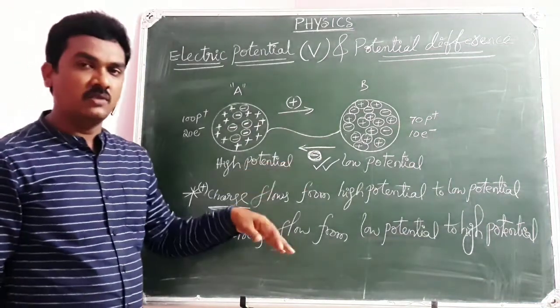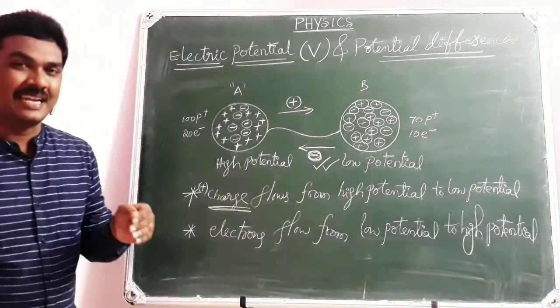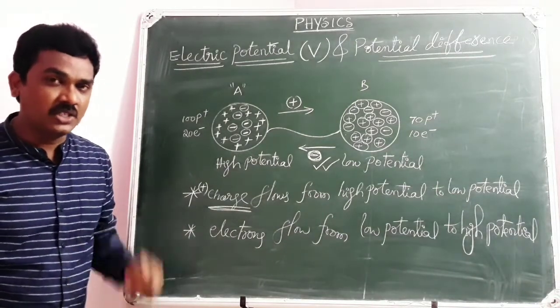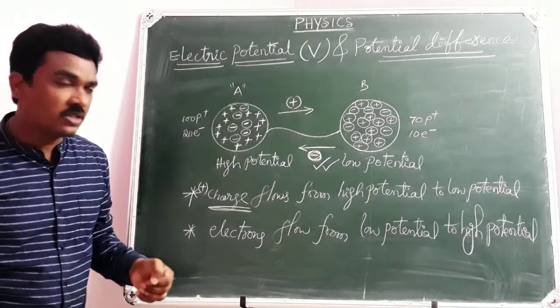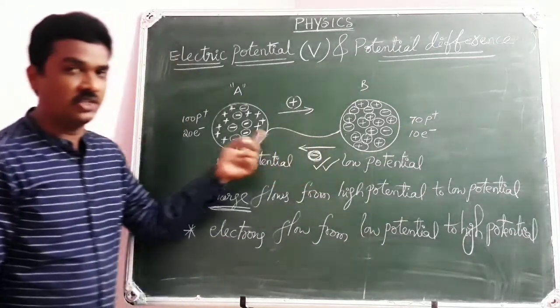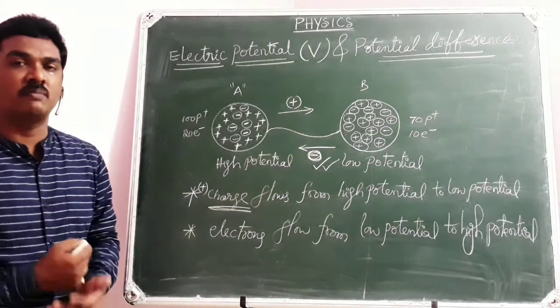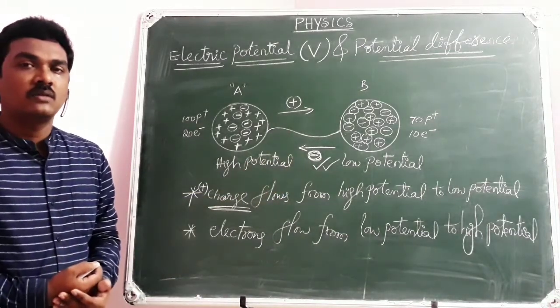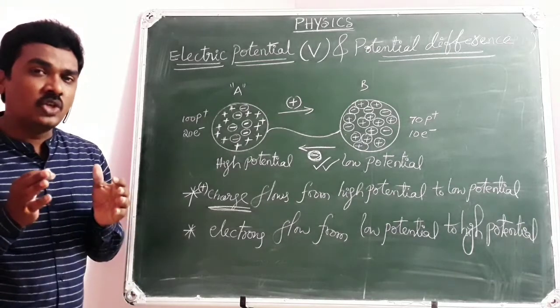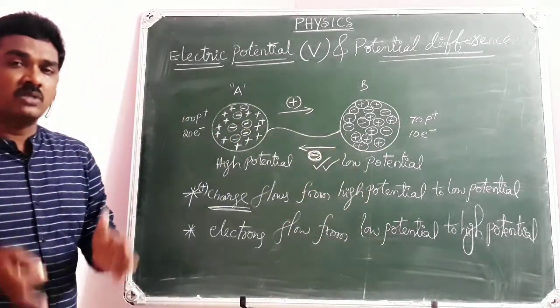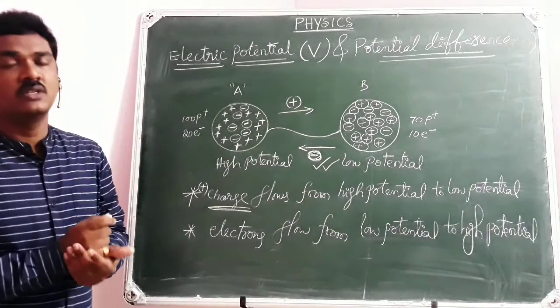This flow of electrons will cause an effect called current. So we say current electricity, electric current, which is the effect caused by the flow of charge. But what charge will flow in practice? Negative charge will flow in practice. So to have charge flow between two different points, we should have some potential difference.